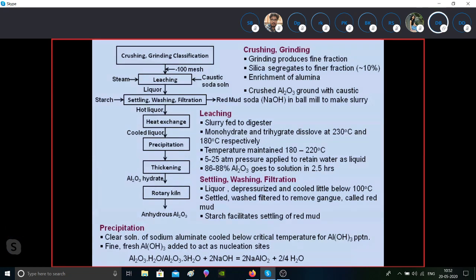How do we maintain it? We basically inject steam in a counter current fashion. The superhot steam is being passed through the liquid in the entire part.